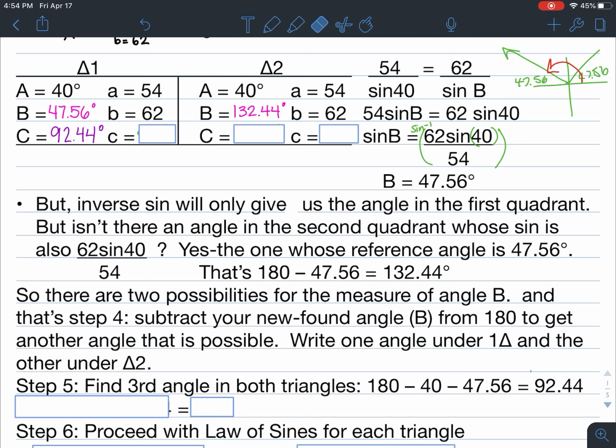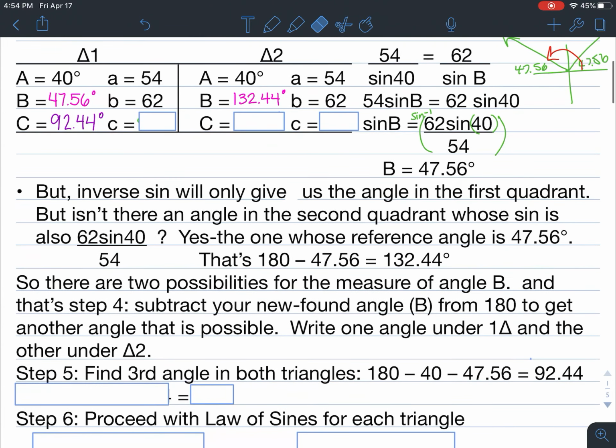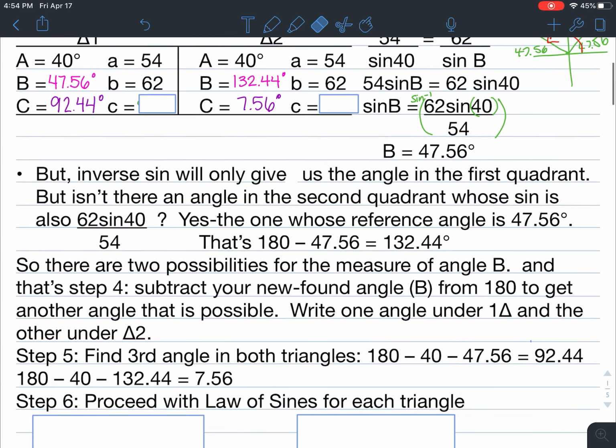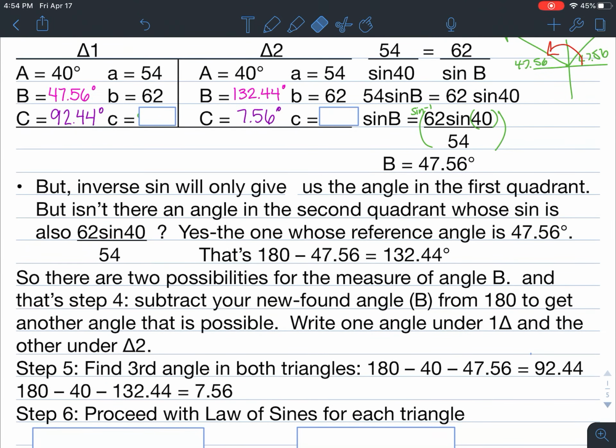And so we're going to write that in for angle C. And then we're going to do it again with triangle 2. 180 minus 40 minus 132.44, and that gives us 7.56. So that's our other possible angle C. Okay, so once angle B can be 2 different things, then C would have to be 2 different things.